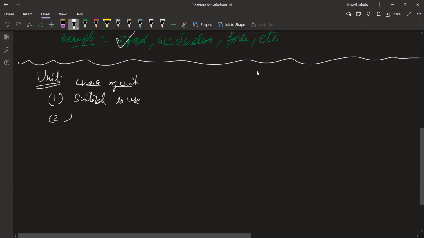Second one, accurately defined. What do you mean by accurately defined? So that everyone can understand.